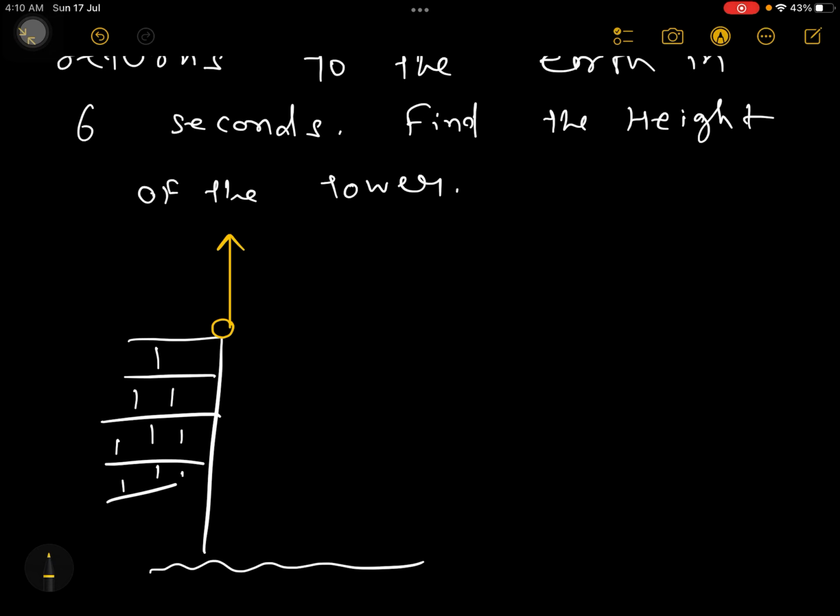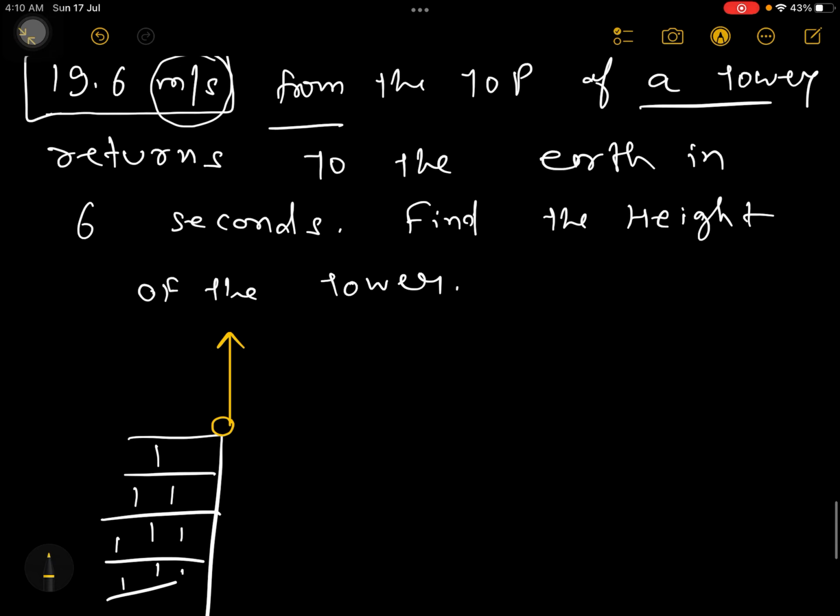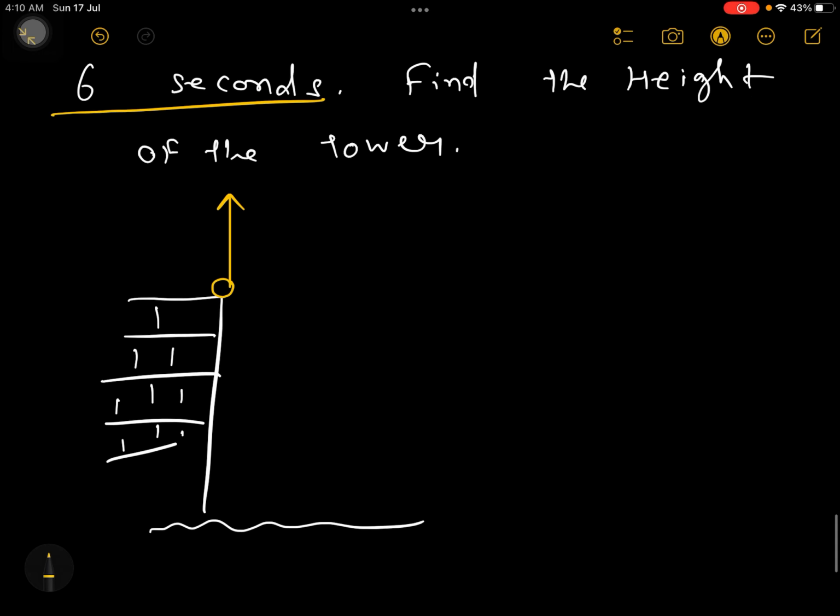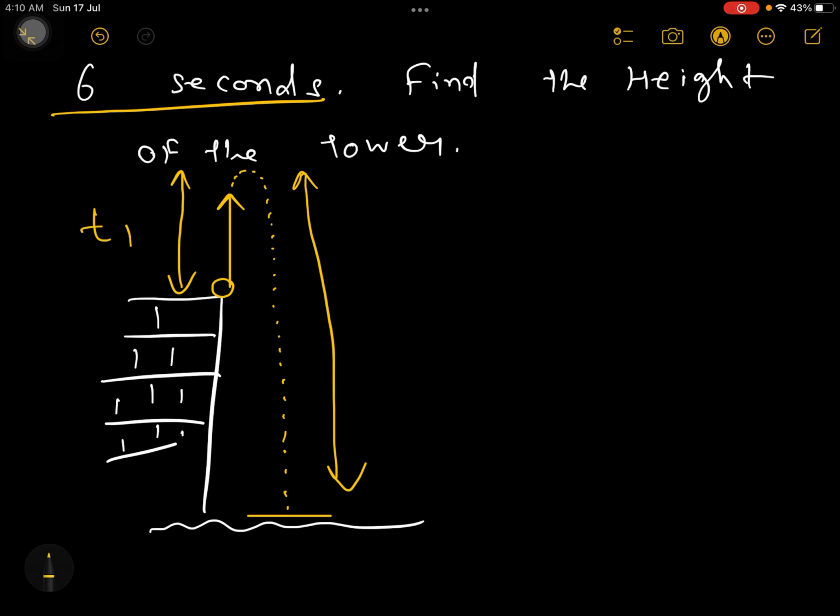And then what will happen? They are saying from the top of the tower it returns to the earth in 6 seconds. It means this ball will go up and then come back like this and touch the earth surface. You can say this is t1 time and t2 time. This total time together is given as 6 seconds.